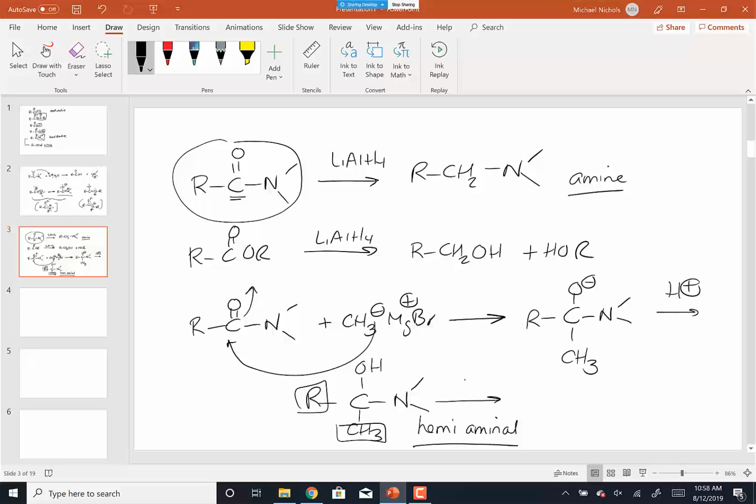So what happens to this in the presence of H plus and H2O? It's going to revert all the way back to a ketone. I'll even take my highlighter and highlight this, because I think this is the third time I've done this in class, where we take this hemiaminal and it goes ahead and forms the ketone.